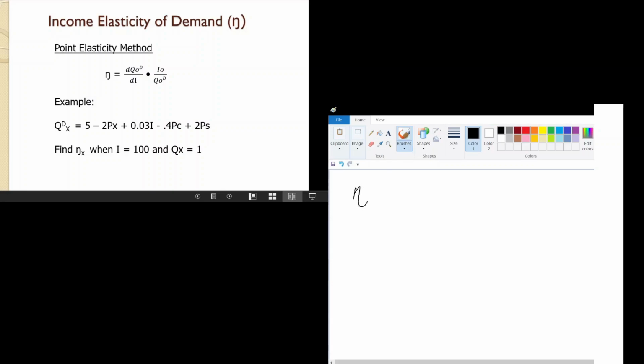Partial derivative of Q in terms of I naman to. Take note, income elasticity, partial derivative of Q in terms of I. So, dun sa own price in terms of PX. So, in this case, in terms of I, so multiplied by I over Q. O, diba? Same lang yung formula.